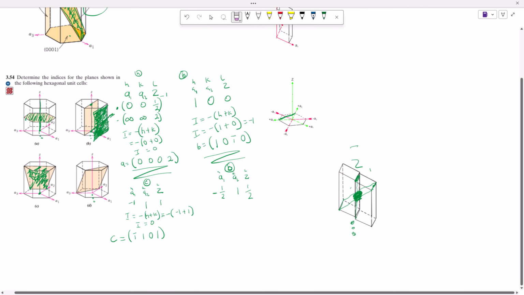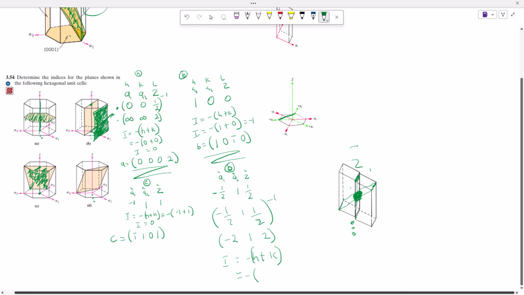Since we have halves, since we have fractions, we have to take the reciprocal, so let's do that now. Let's take the reciprocal: -1 becomes -2, this is going to remain 1, and this is going to remain 2. So this is our hk. Also looking for our I, which is equal to -(h + k).